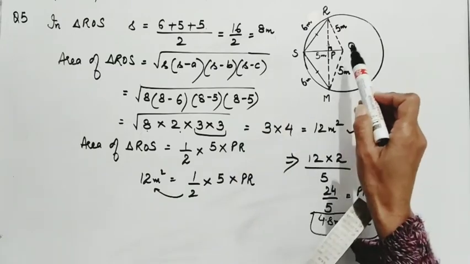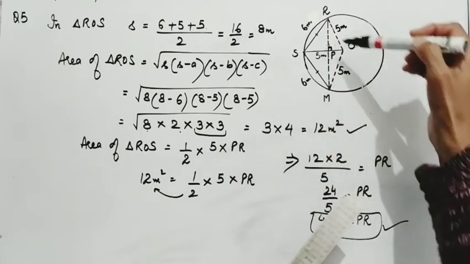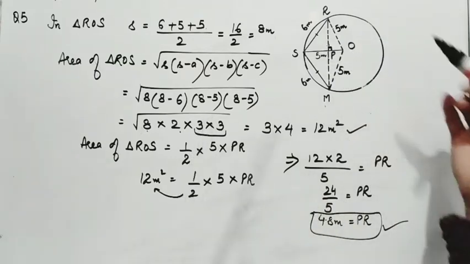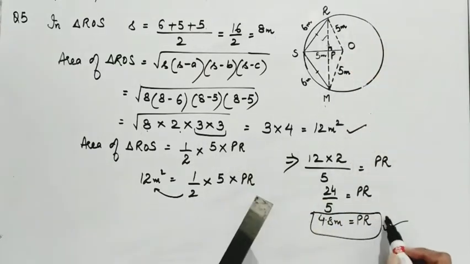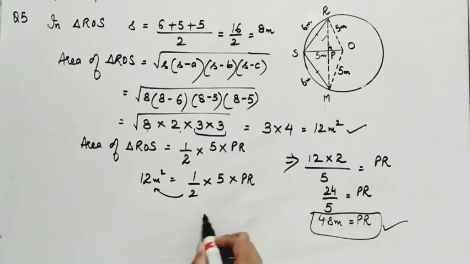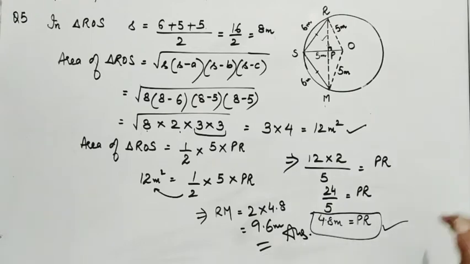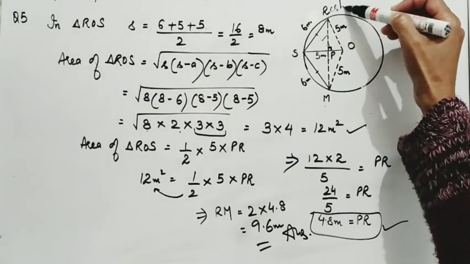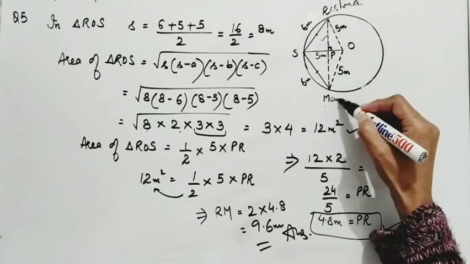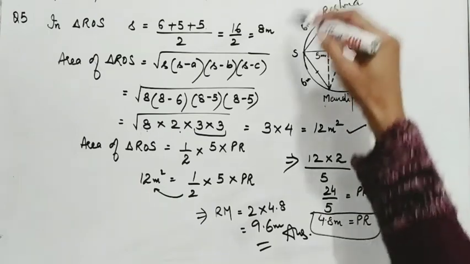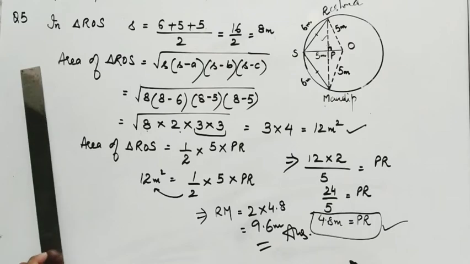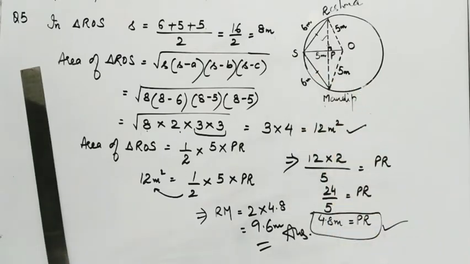Whenever perpendicular falls from the center to the chord, it bisects the chord. Now if we already know the length of PR, which is 4.8, that implies length of RM must be twice of 4.8, which makes it 9.6 meters. So that's how we would find the distance between Reshma and Mandeep, who were playing in a circular park having the radius 5 meters.